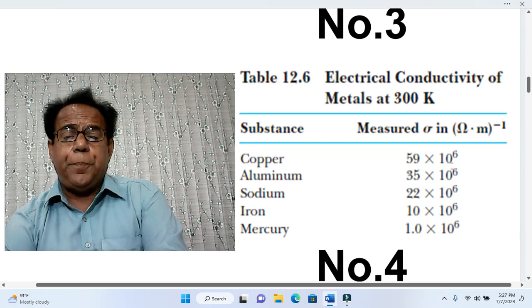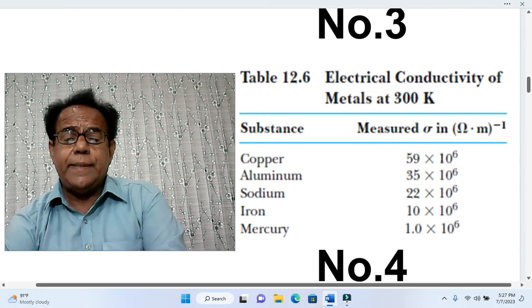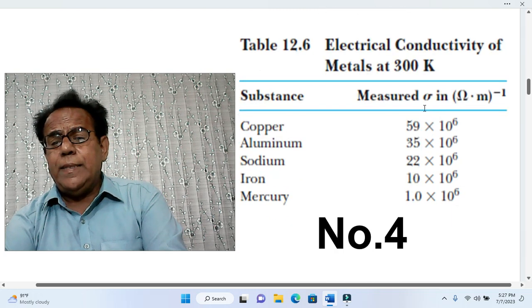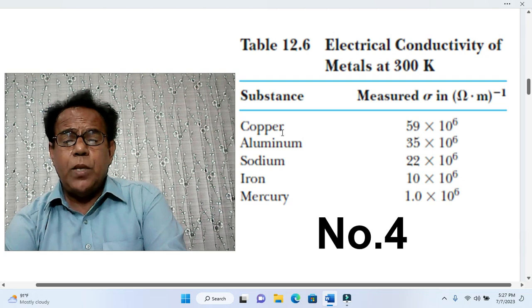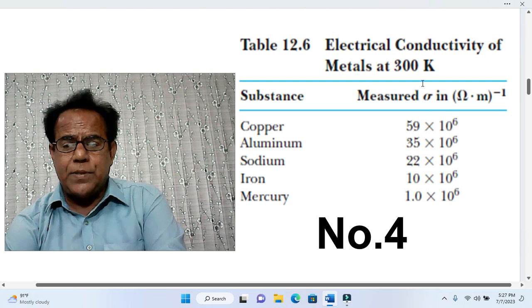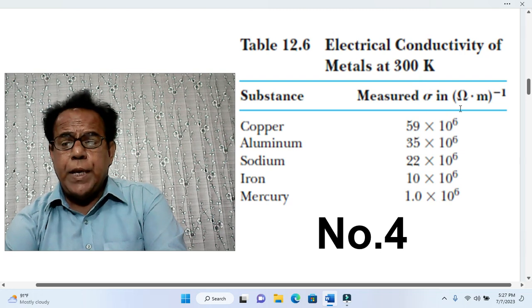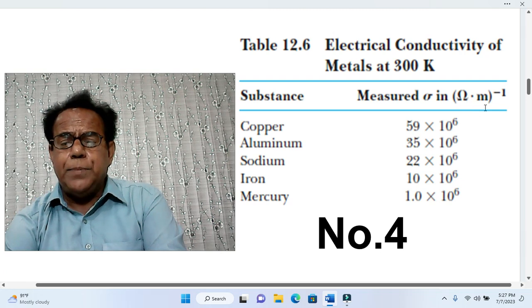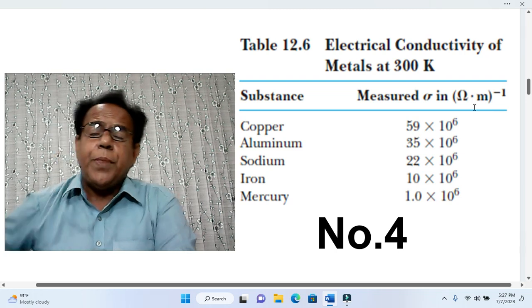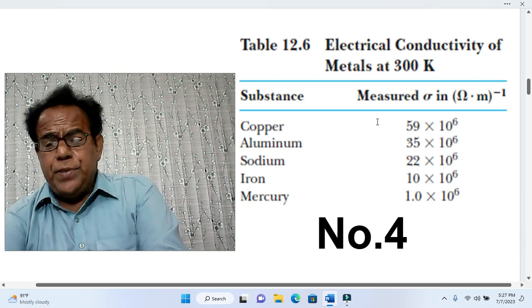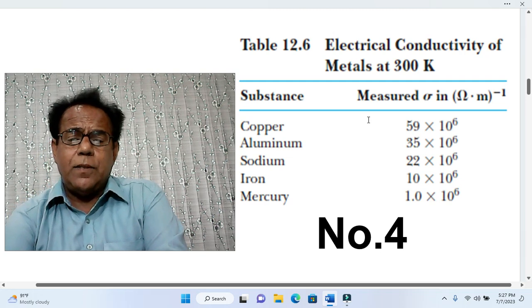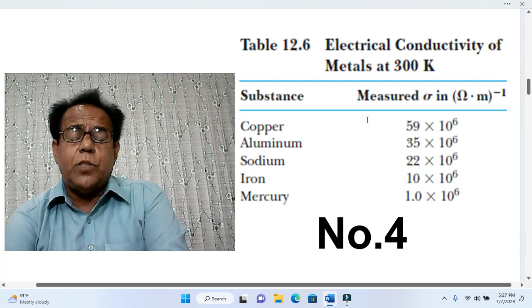Tool number 3: electrical conductivity of metals at 300 Kelvin. Dear students, for copper, the measured rho, that is electrical conductivity, is denoted by rho in ohm meter whole inverse, that is ohm inverse meter inverse, 1 over ohm meter. We do not need this table very much for this problem.